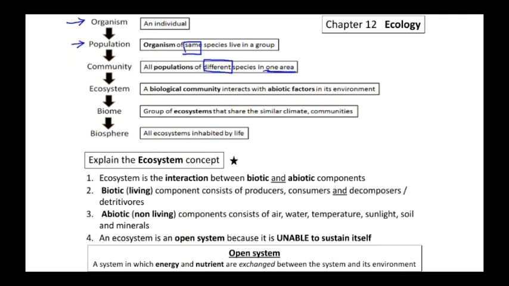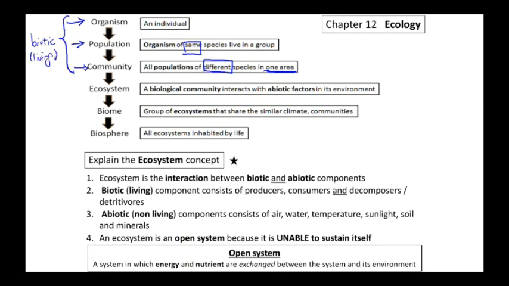For example, populations of humans live with populations of dogs, cats, and then the plant populations. We are all different species, but we live together in one area and we call this a community. You can see from organism to community, we only consider the biotic components, which means the living components.